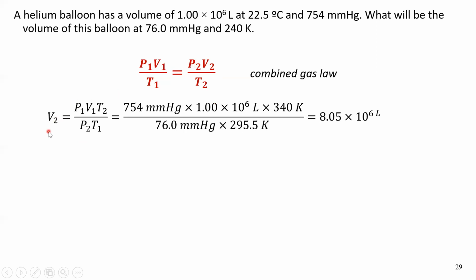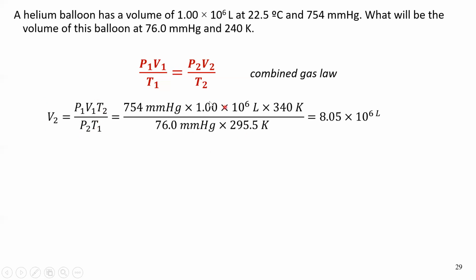So V2, the final volume, can be calculated by taking the initial pressure times the initial volume times the final temperature and divided by the final pressure and divided by the initial temperature.